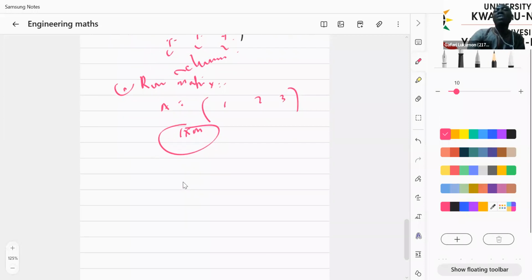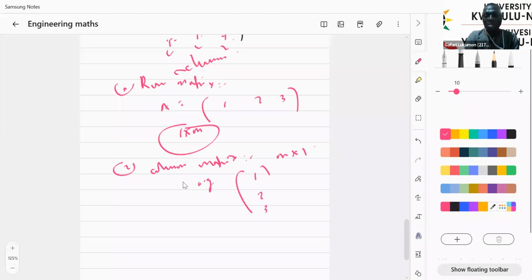Likewise, for column matrix, let me be fast so that we quickly go to the question. For column matrix, we have a matrix of n by 1, that is a matrix with just a single column. For example, when you have 1, 2, 3, you can see that we only have one column here.